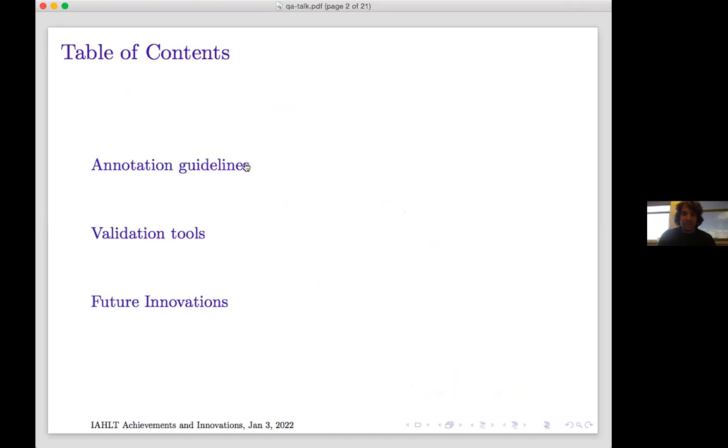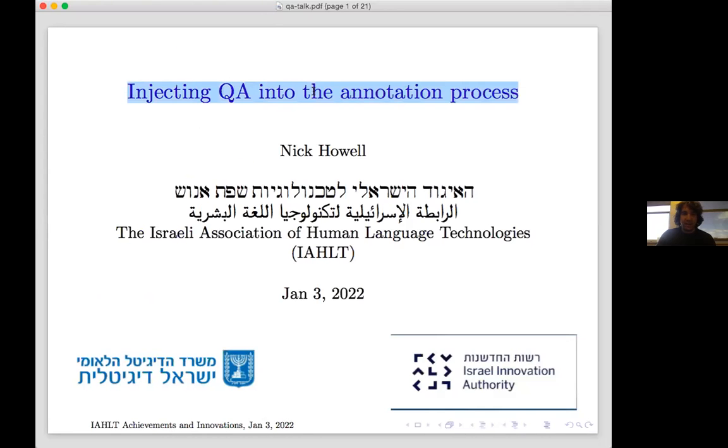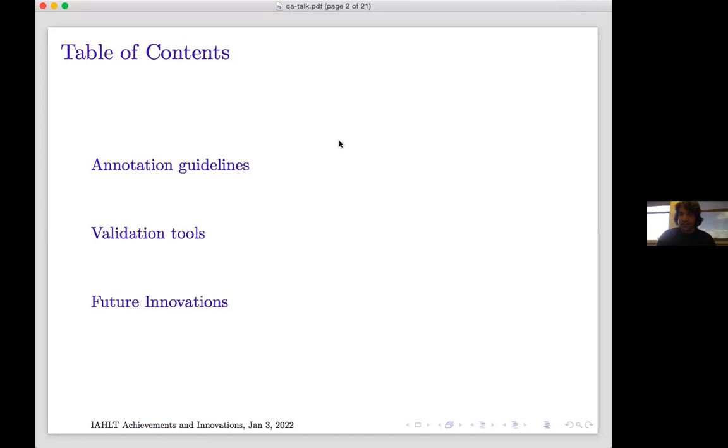This is about our QA process and how we can make this more efficient, and how we can feel more confident about the output of our annotators and the consistency of our releases, and improve the quality of the models that we're using. First, I'll talk to you a little bit about our annotation guidelines, as well as our annotation pipeline.